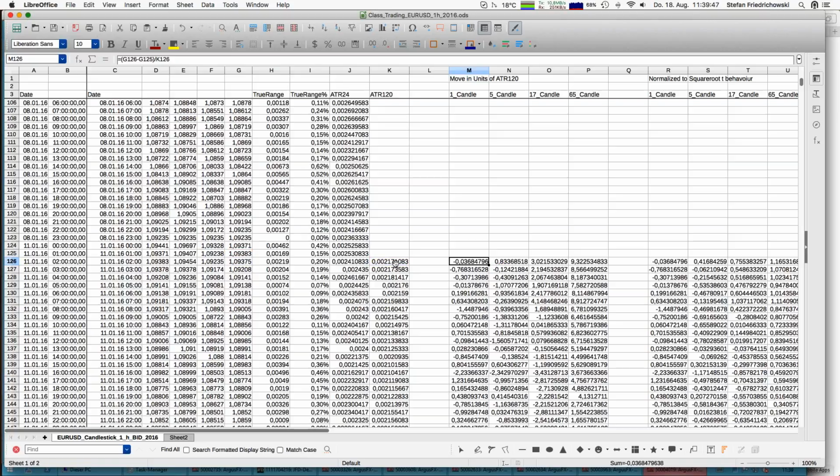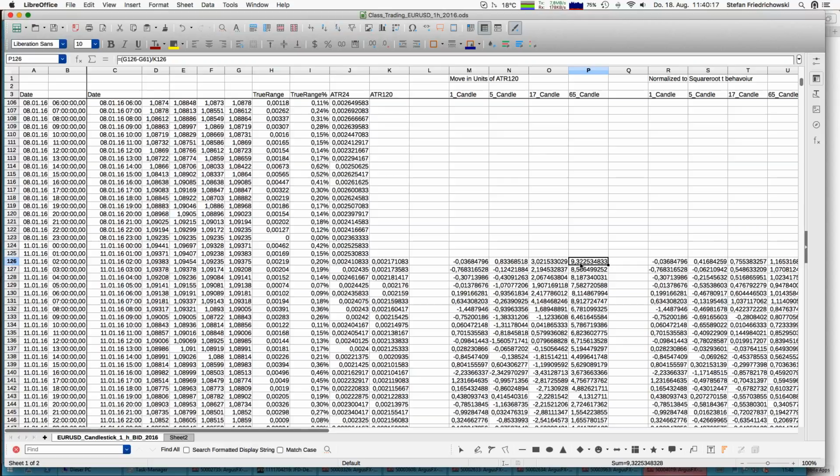So we do it for one candle, then we do it for 5 candles, and so on, 17 candles, and finally for 65 candles. So what you can see here with those 4 numbers, that is the first step to define a situation.